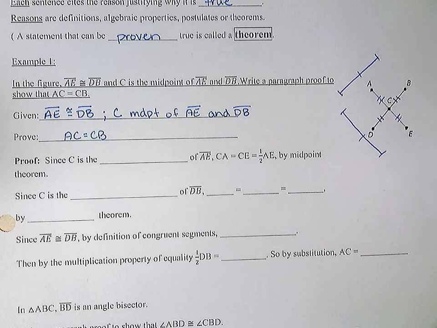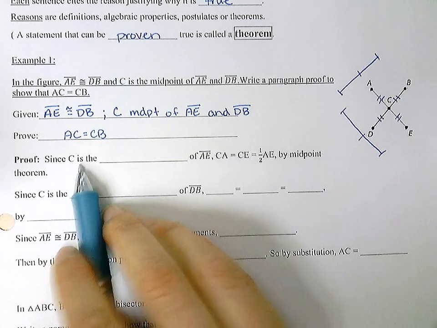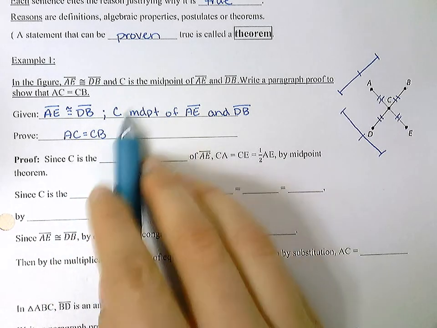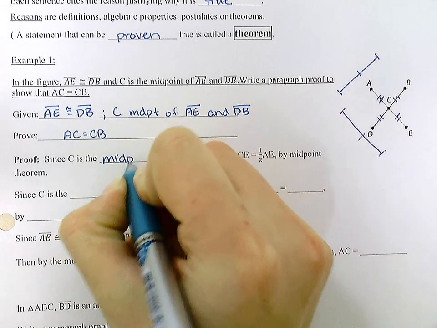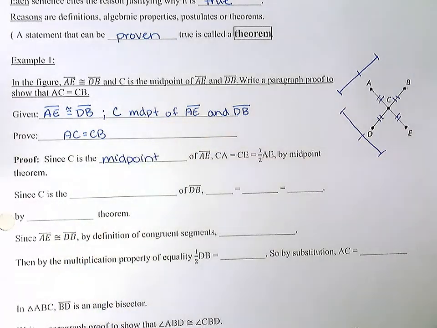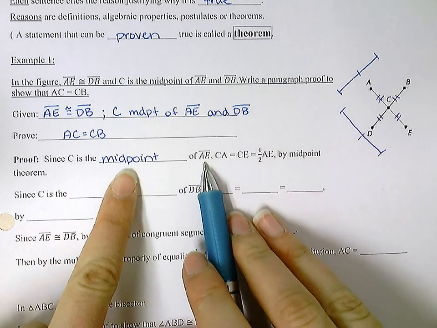Now that I have my picture labeled, we're going to start going through this proof. Just like with a two-column proof, you always want to start with your given, and with that given, you can make another statement. Here I would say since C is the midpoint of AE, I want to use that.